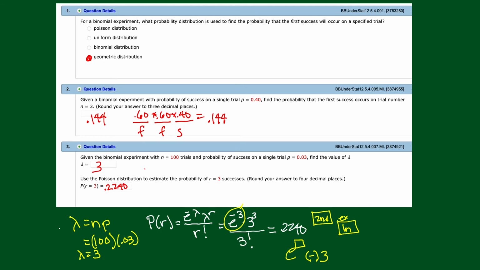Then you have to be careful, because of the way the calculator is set up, it stays in the exponent. So use your arrow key to get out of the exponent, and it sends you back down. Now press times, and then you want 3 to the 3, so put 3, then caret, 3.